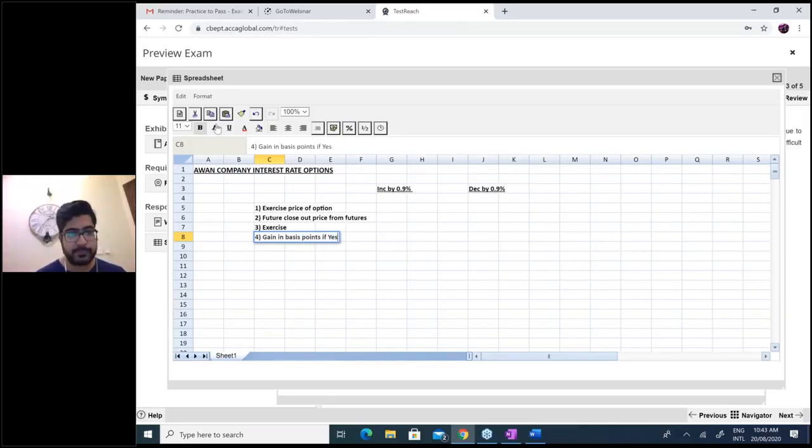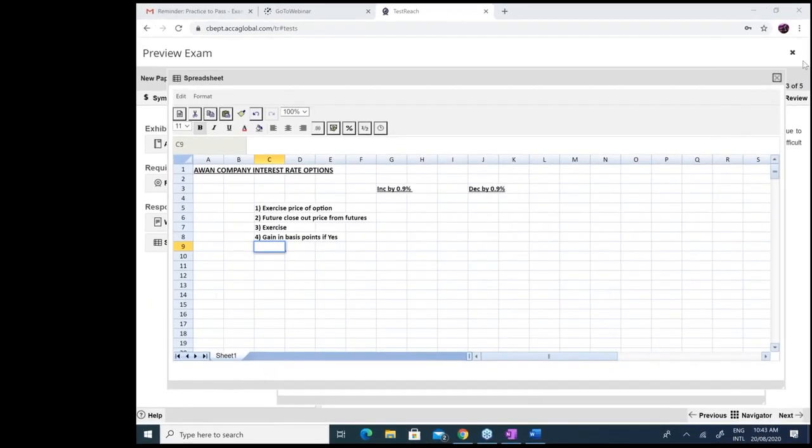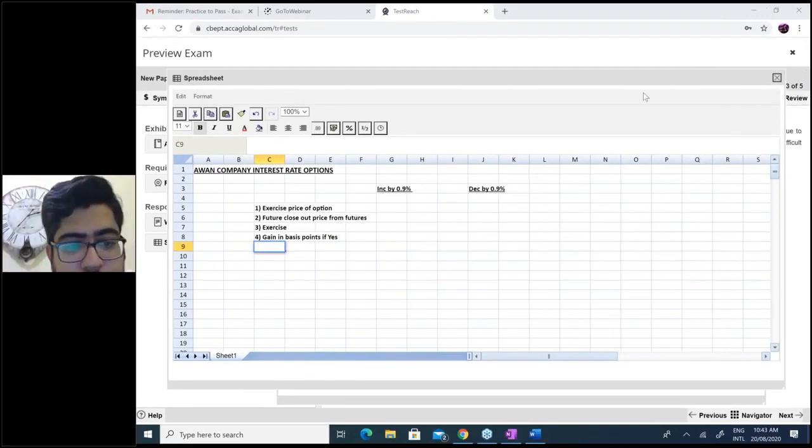If yes, then in fifth step, you need to write total gain.